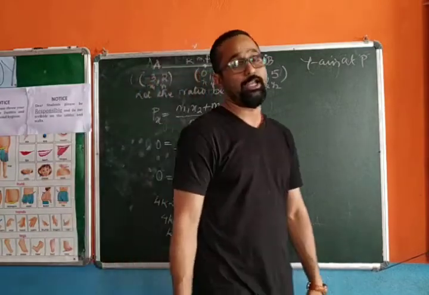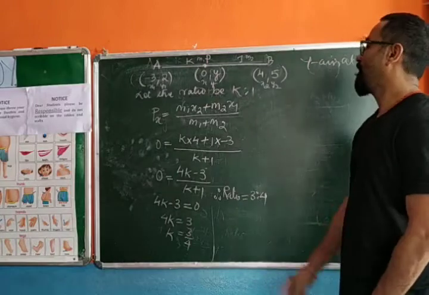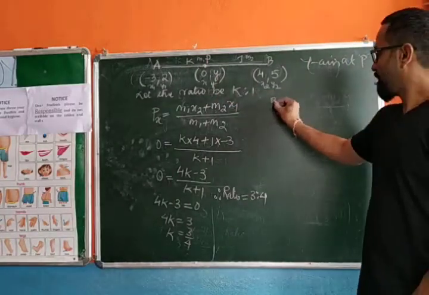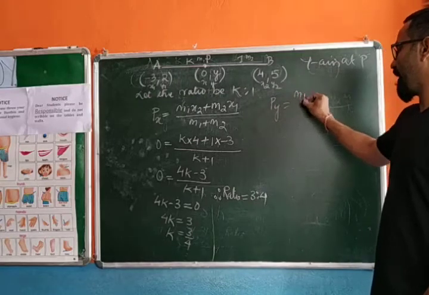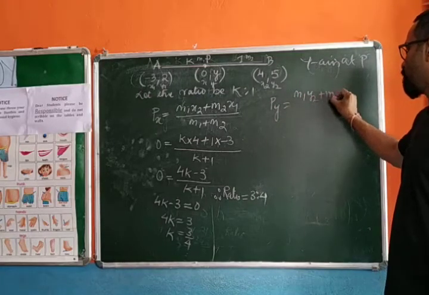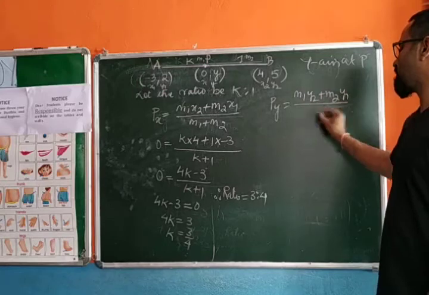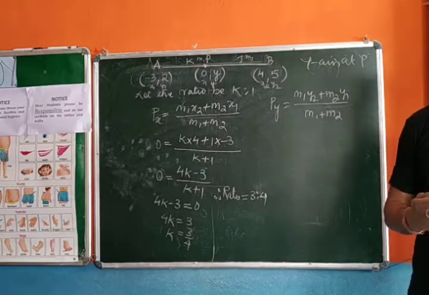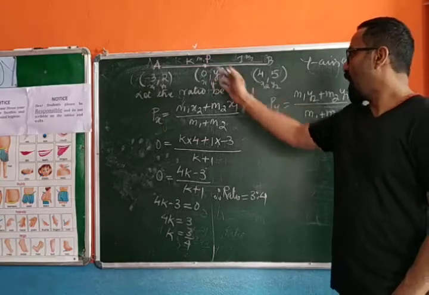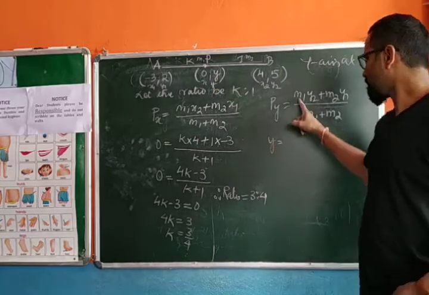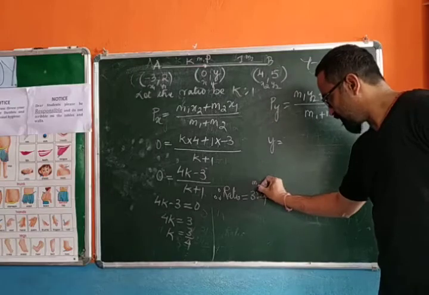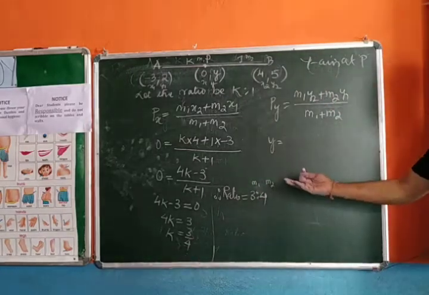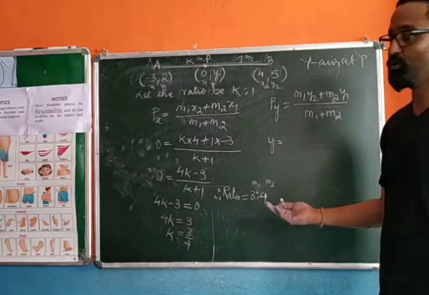We know the ratio. Now you have to find the ordinate. Py equals m1 y2 plus m2 y1 divided by m1 plus m2. Write down the formula. Whatever you have calculated with pencil, you write m1, y1, m2.